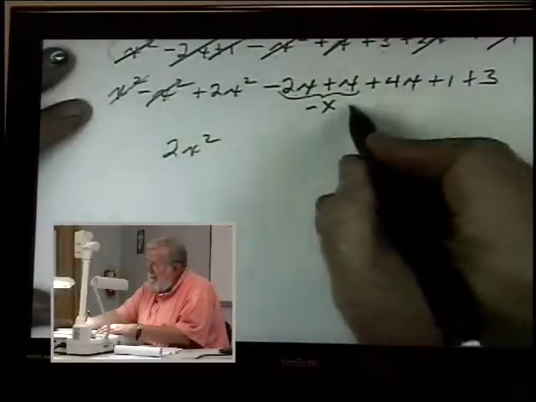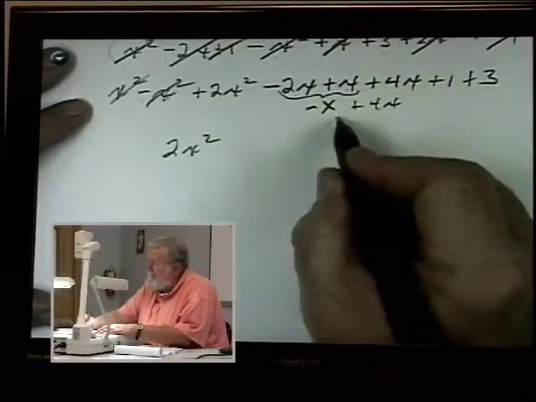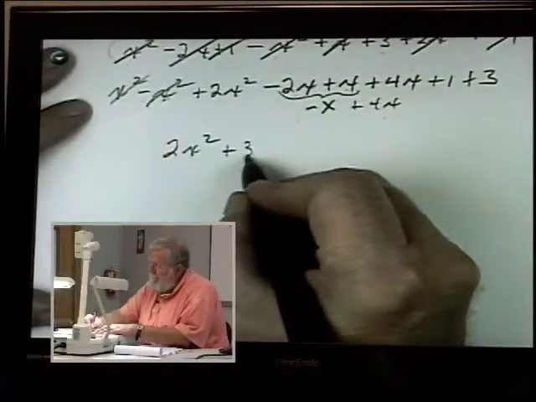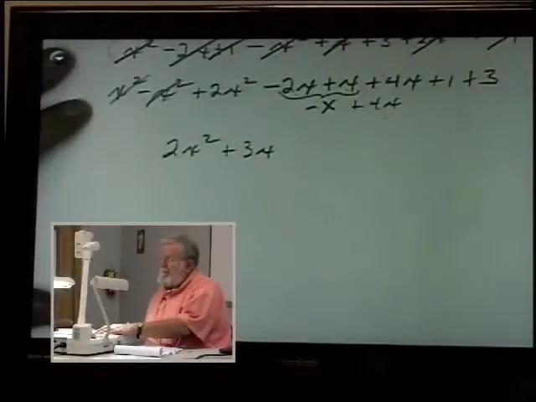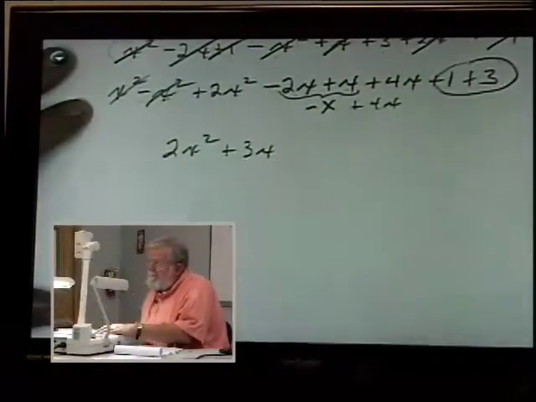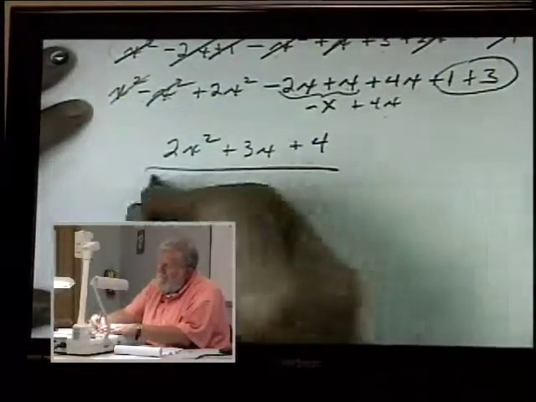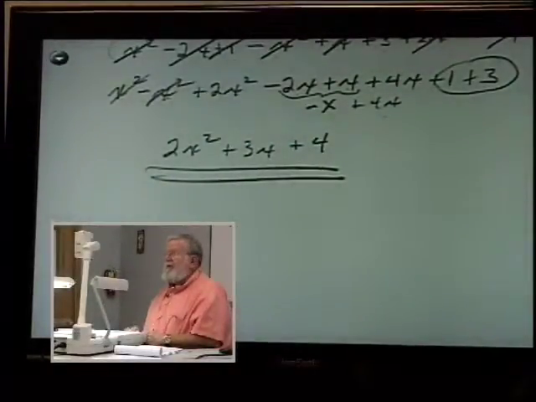And now we're going to add a 4x to this, and that's going to give us a plus 3x. Okay? And all we've got left now is this plus 1 and a plus 3, and that's a plus 4. So we went through all of that, and we only got 3 terms at the end. All that work for only 3 terms.